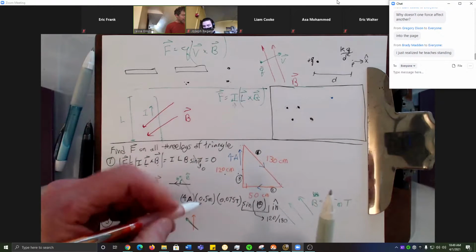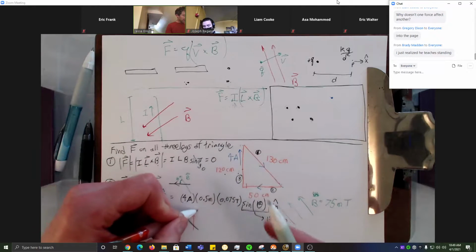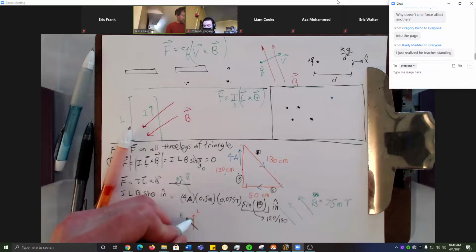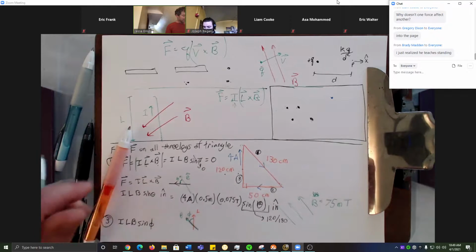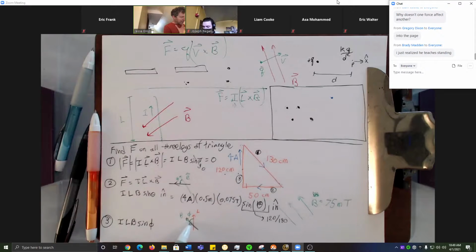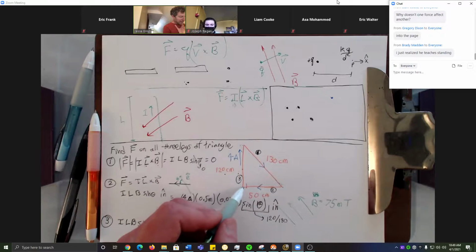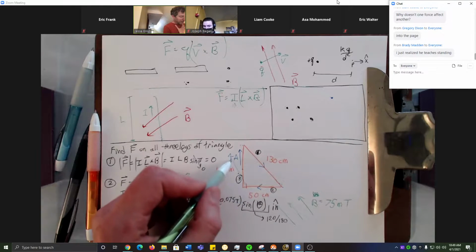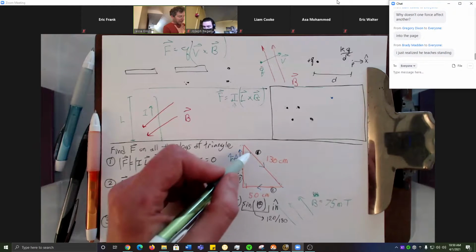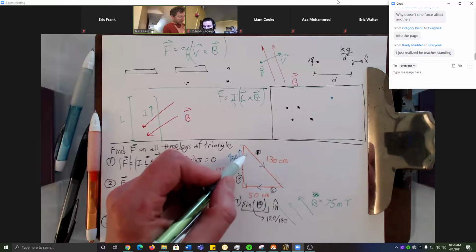So here's the L vector, right? Current's going that way, and the B vector goes this way. So now we need sine of this angle phi. The angle between this B field and this leg is the same as this angle, right?